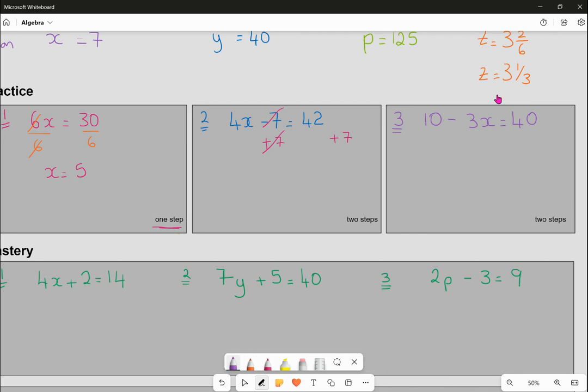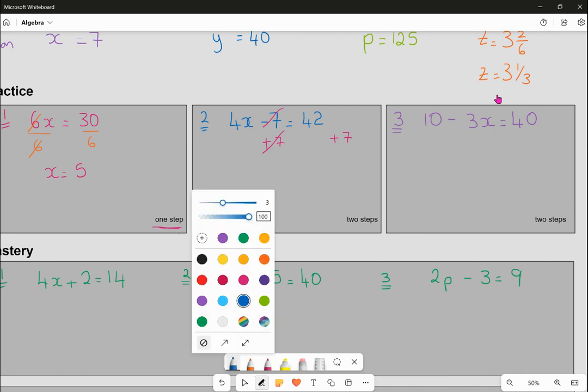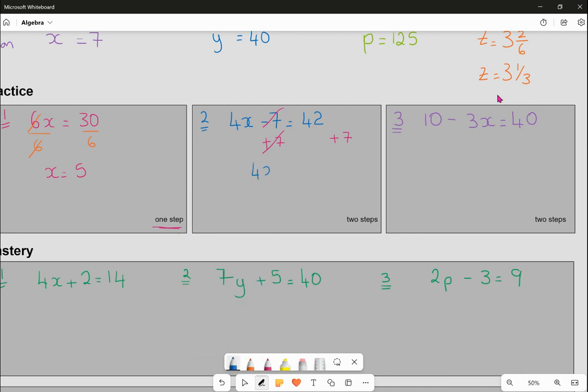So what are we left with? We're left with 4x is equal to 42 plus 7, which is 49. Now, here the x is being multiplied by 4, so we do the opposite, we divide by 4. Those 4s divide down to 1.